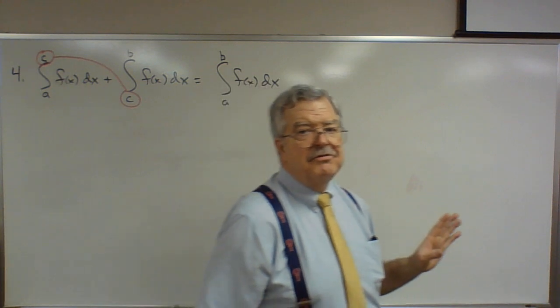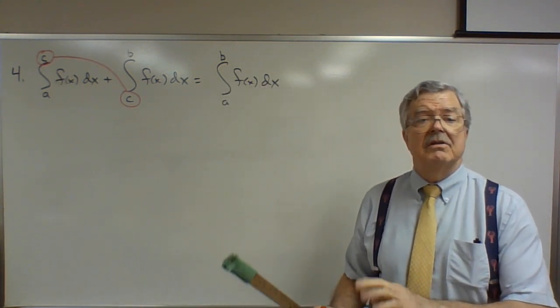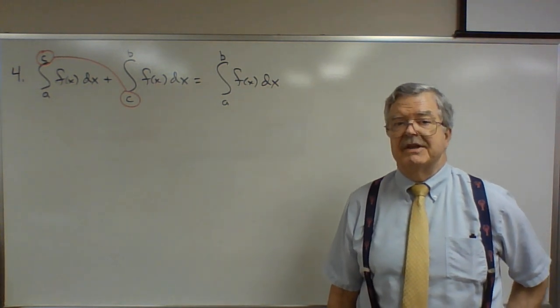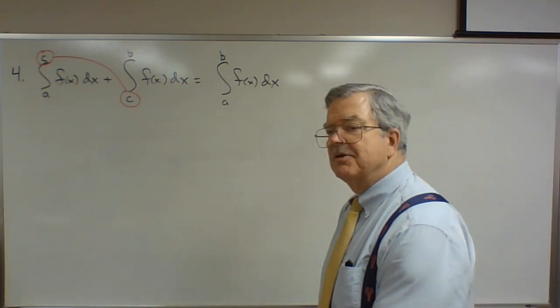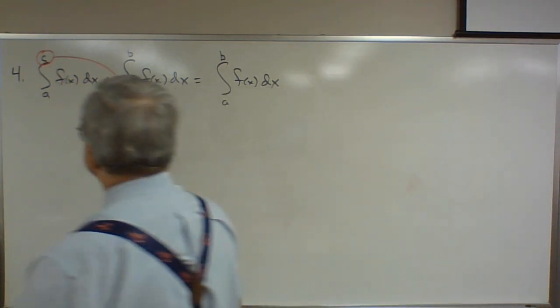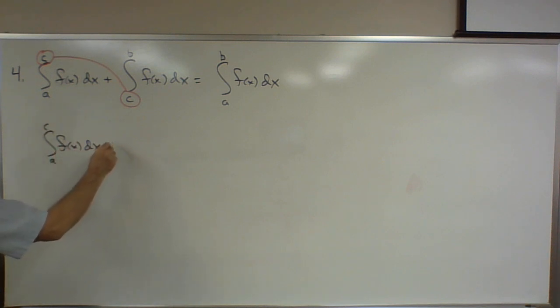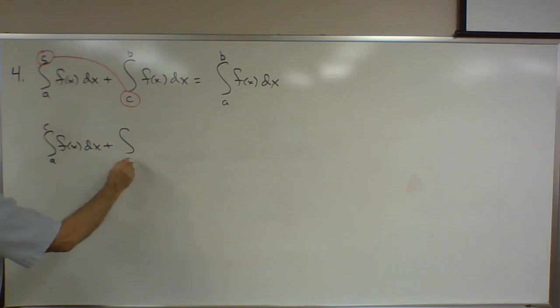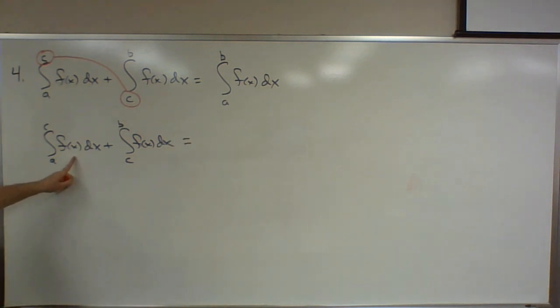We're going to see why this works algebraically or numerically first. And then we're going to look at a geometric justification of it that I think is going to make a lot of sense. Let's look at it numerically and algebraically first. The integral from a to c, little f of x dx, plus the integral from c to b, little f of x dx. And what do we get with this one?